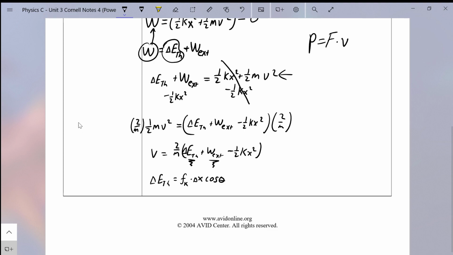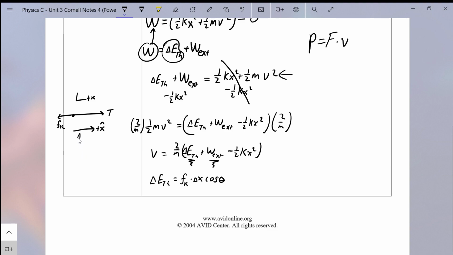Now, if I were to draw out a free body diagram, I would have a friction force in the negative direction, a tension force in the positive direction, and my displacement, which I should call delta x, also in the positive x direction.